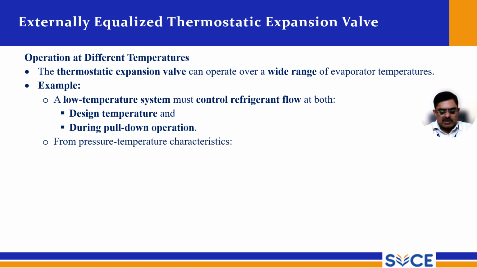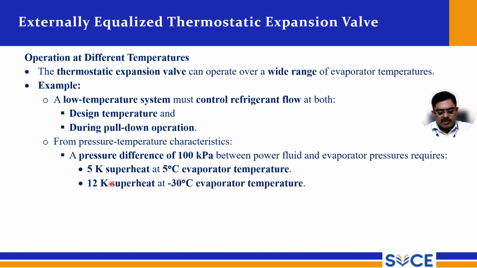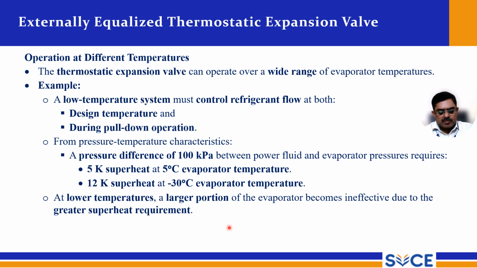From pressure temperature characteristics, a pressure difference of 100 kPa between power fluid and evaporator pressure requires 5 Kelvin superheat at 5 degrees Celsius evaporator temperature and 12 Kelvin superheat at minus 30 degrees Celsius evaporator temperature.